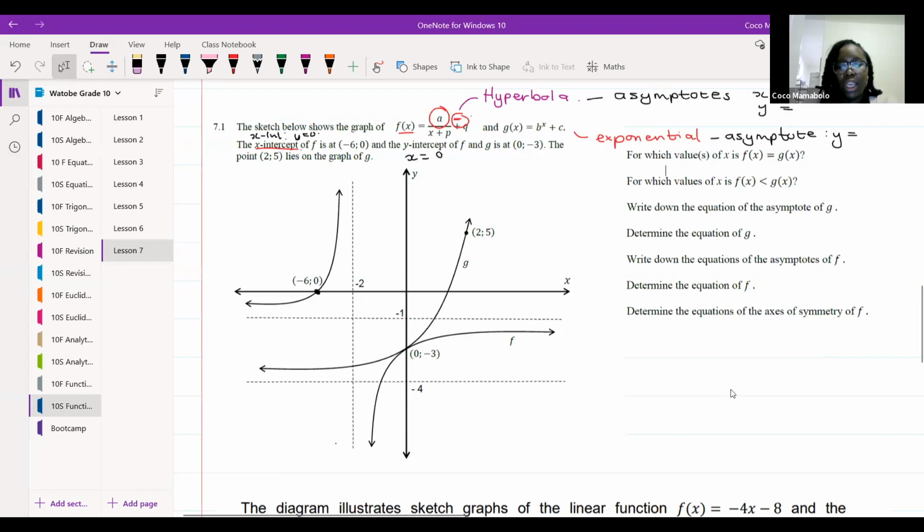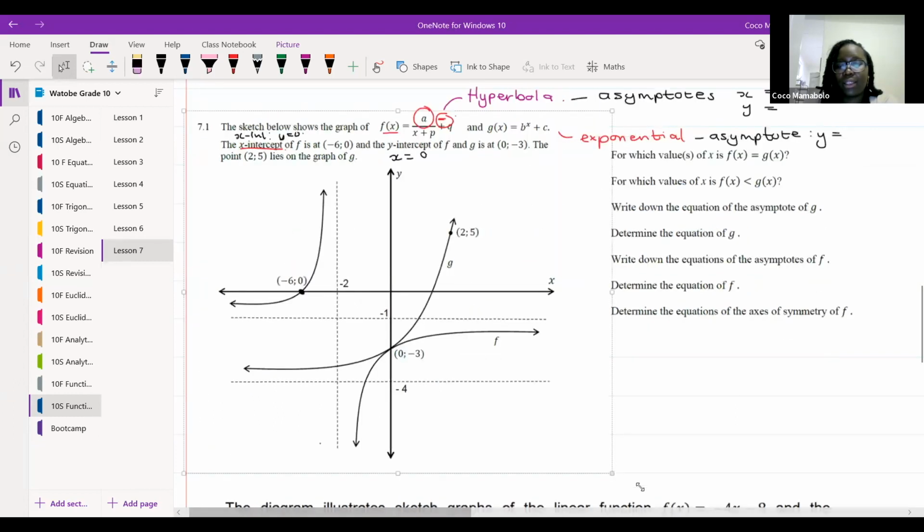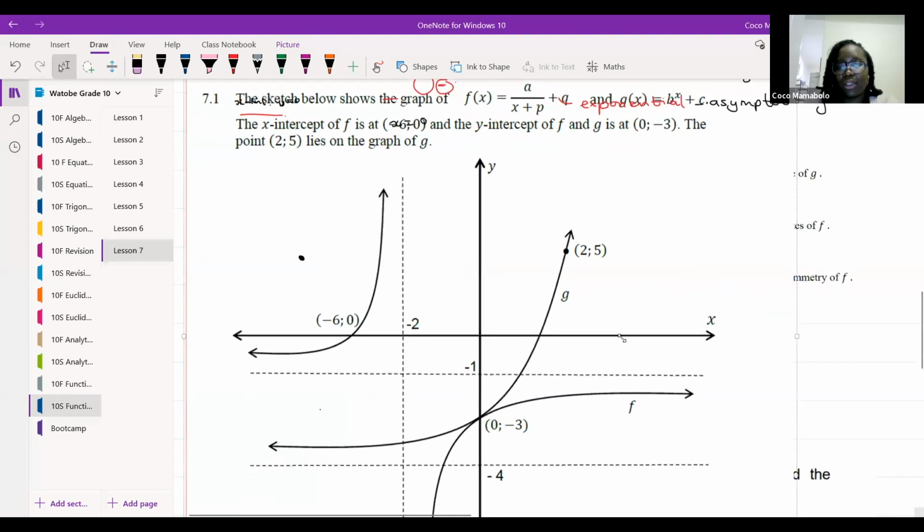This write-up says that the y-intercept of the graphs f and g is (0; -3). So both my graphs have a y-intercept of (0; -3). Both of them meet right there.